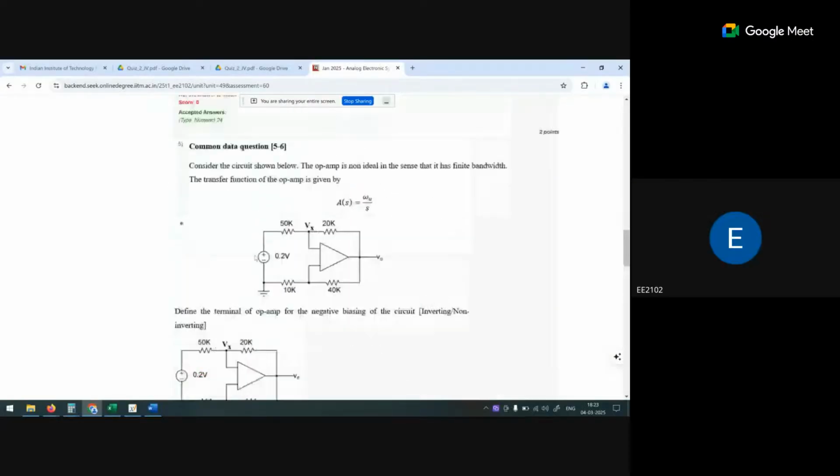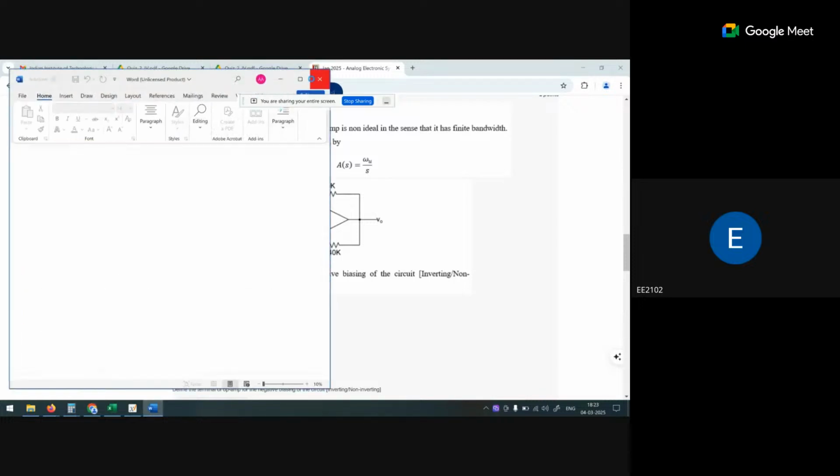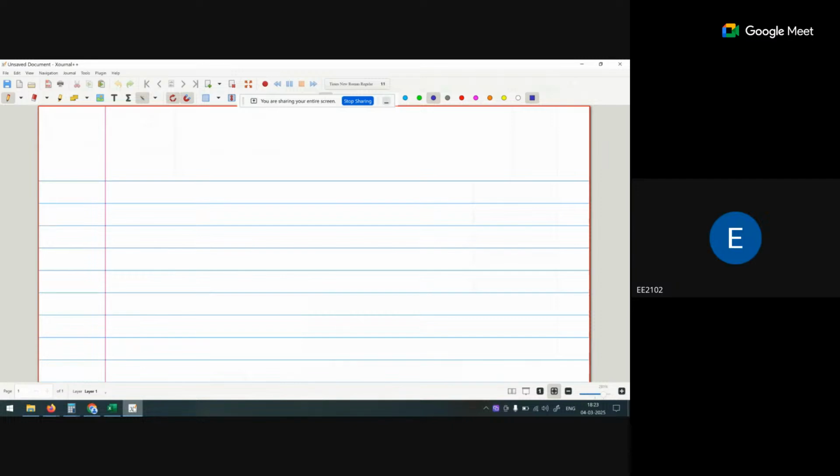Hmm, hmm, then question number. Yeah, the circuit for the this is a circuit. Okay, so we use this circuit.